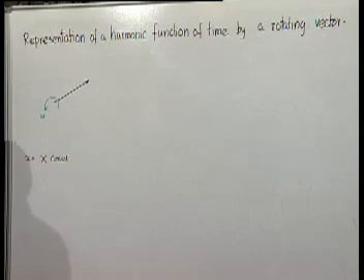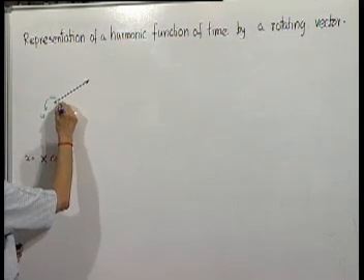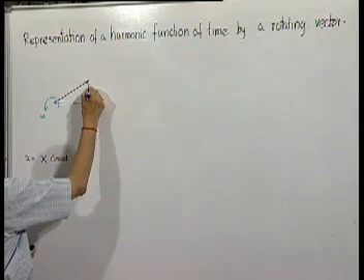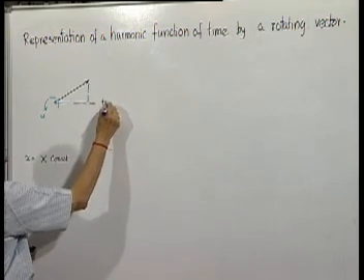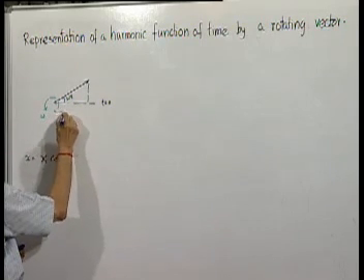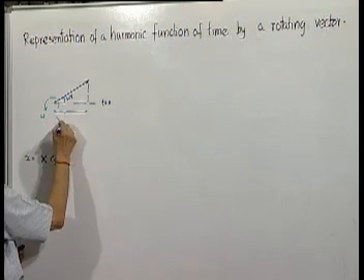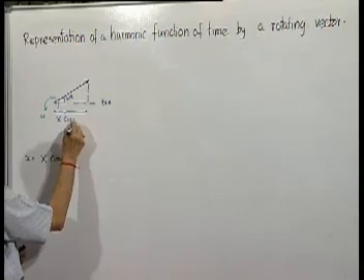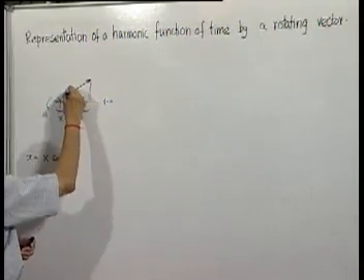Its projection, as you have mentioned before, where t is equal to 0, this angle will be omega t, and this will be x cosine omega t, if this is x.